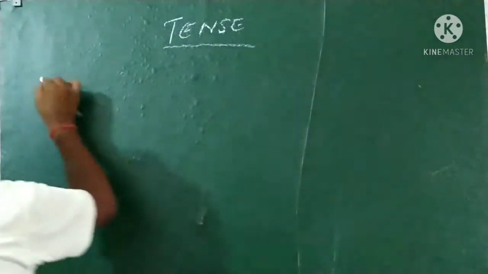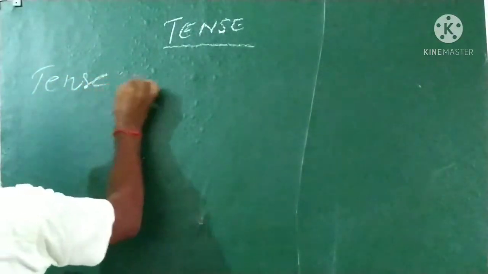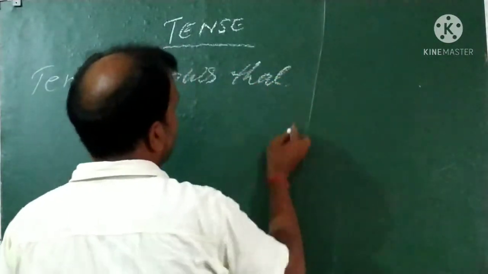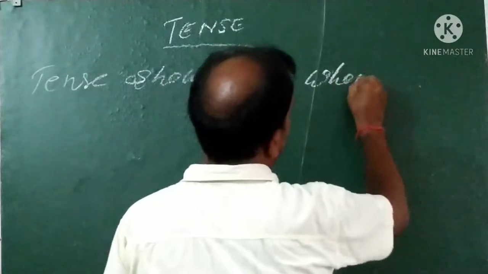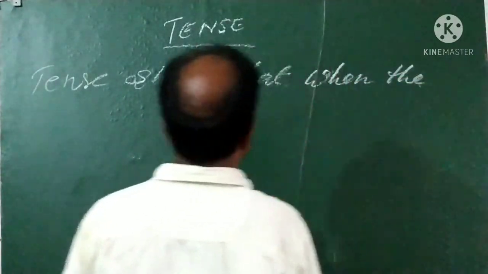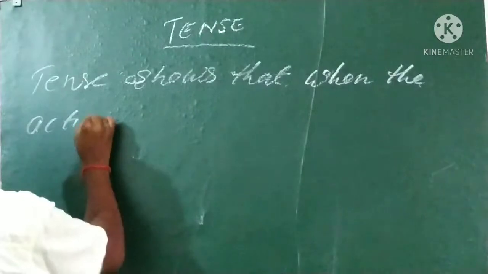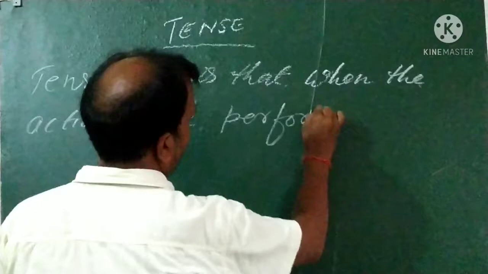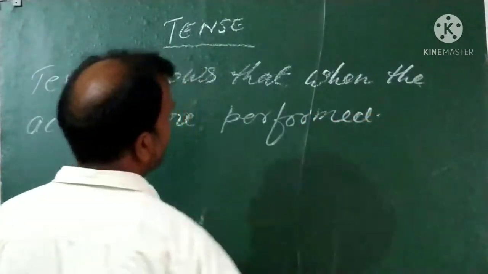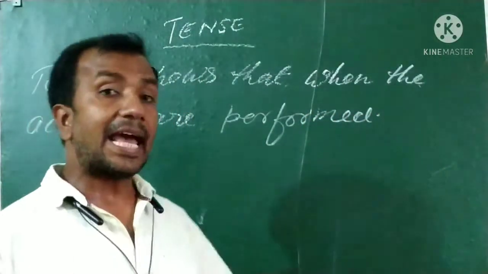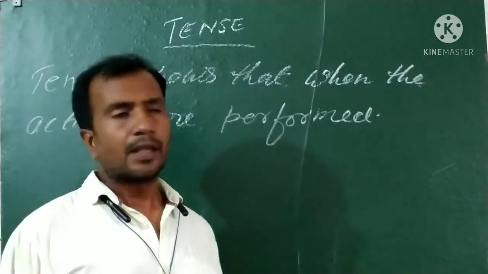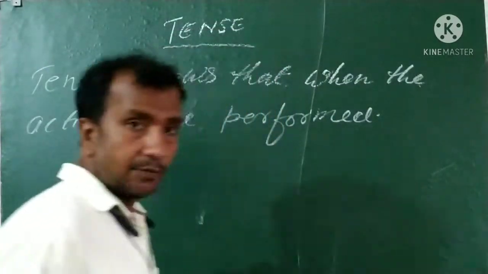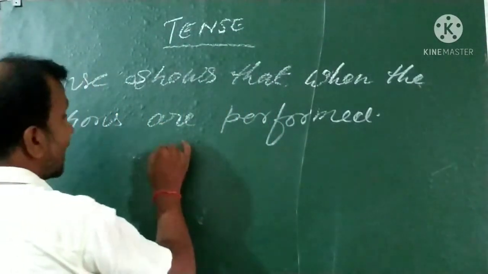The tense shows when the actions are performed. That means tense हमें बताता है कि actions कब perform किए गए थे, whether it is present, past or future. Have you got it?